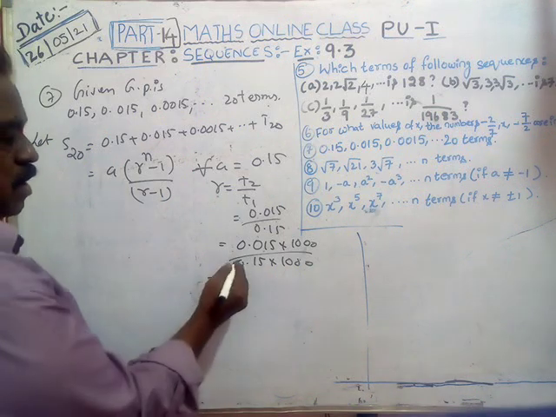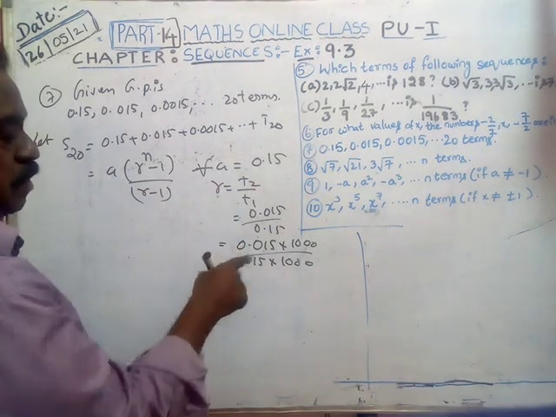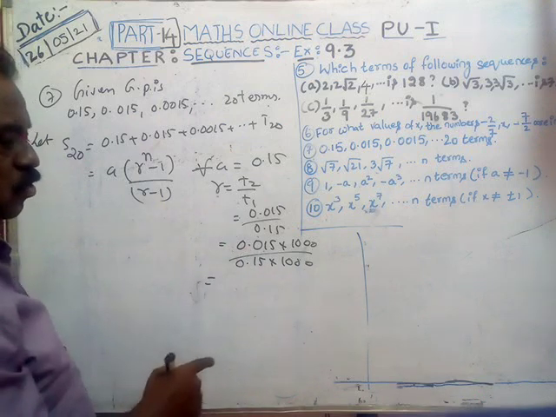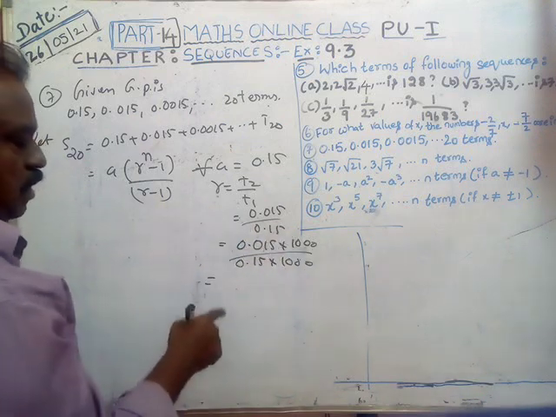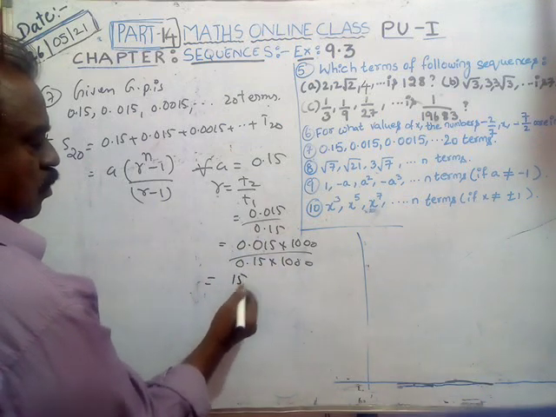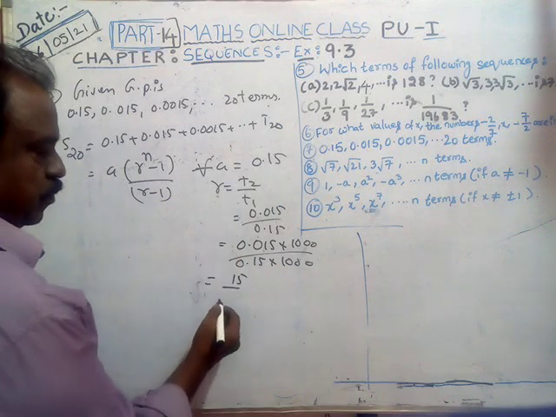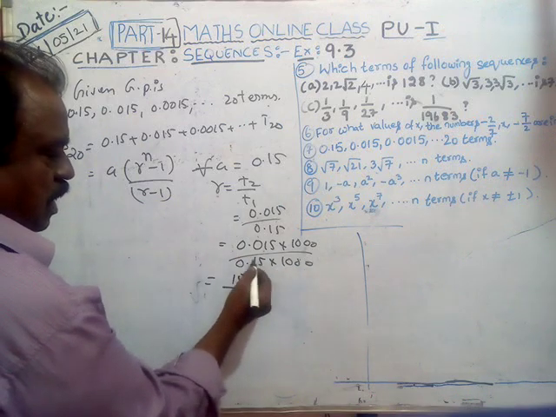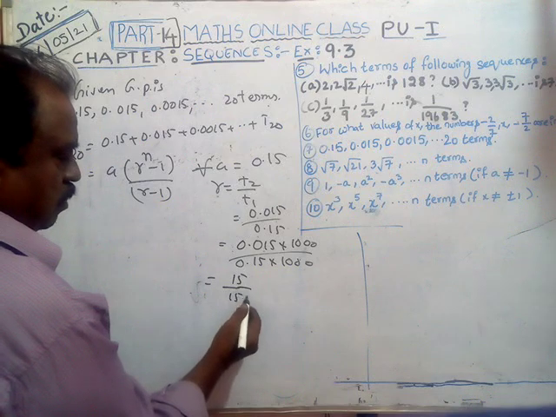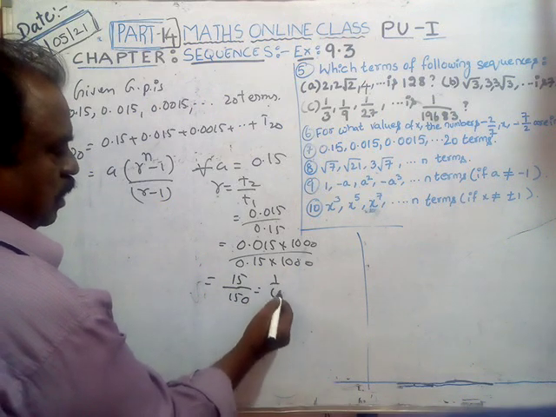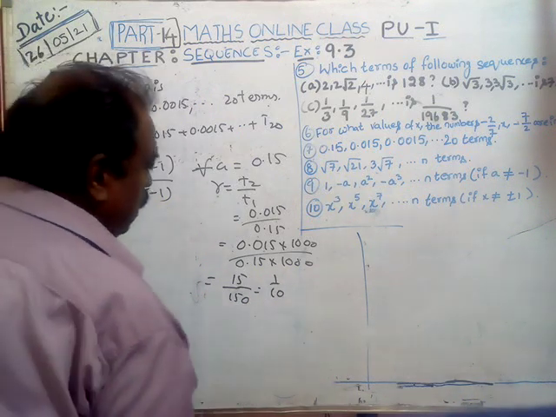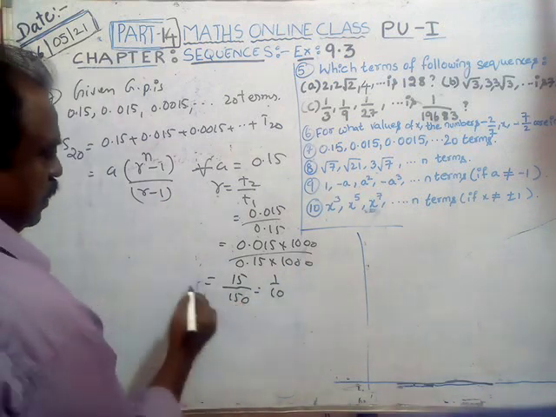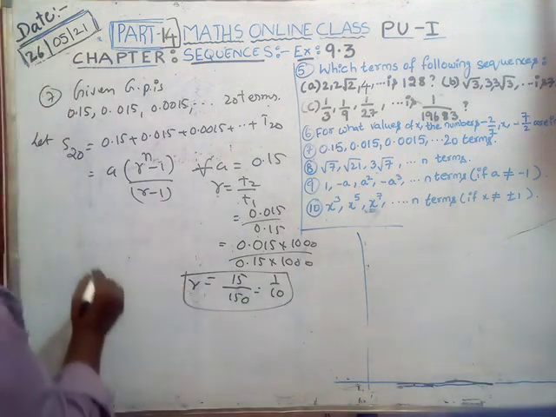After the point there are 3 digits, so the least number is 1000, in order to make it a whole number. Here it can be made whole with 100. So it is 1 by 10. This is r.